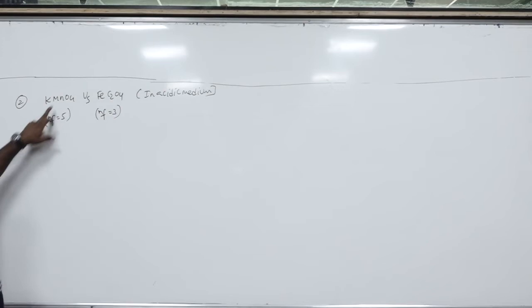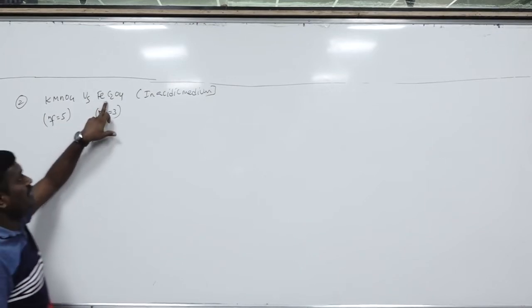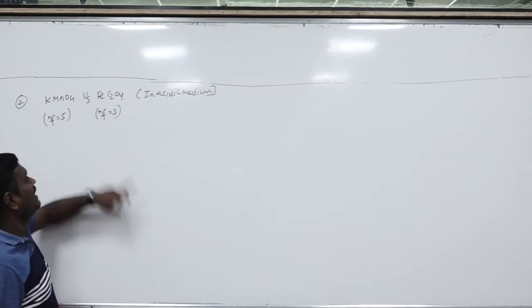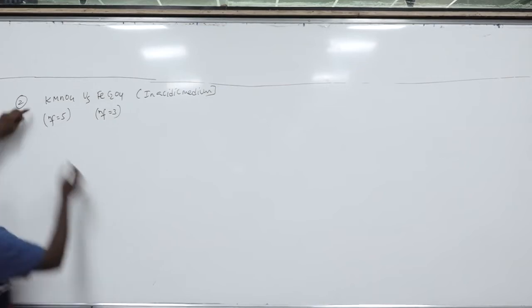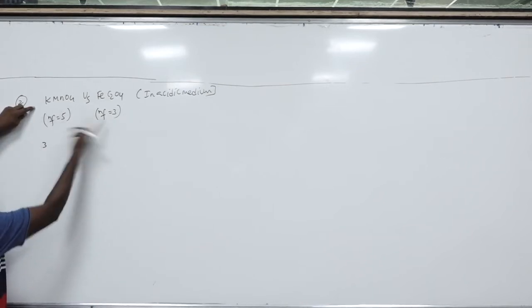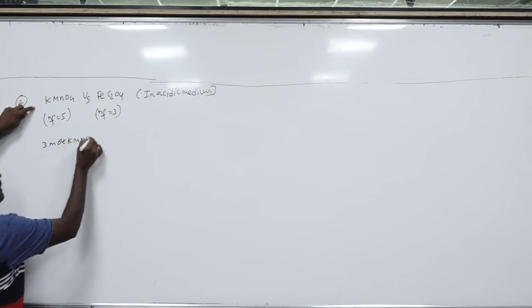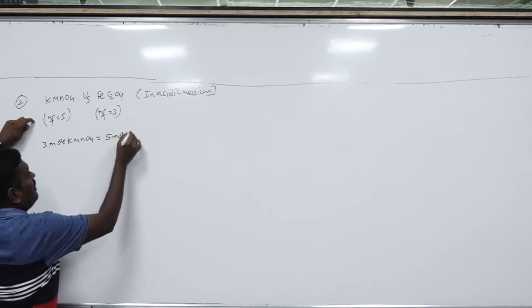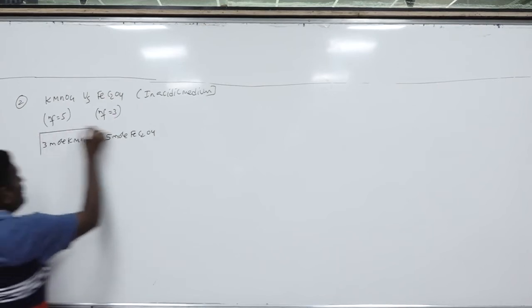That means 1 mole of KMnO4 accepts 5 moles of electrons, but 1 mole of ferrous oxalate will give 3 moles of electrons. So how to equalize these electrons? Interchanging the n factors: 3 moles of potassium permanganate react with 5 moles of ferrous oxalate for complete reaction.